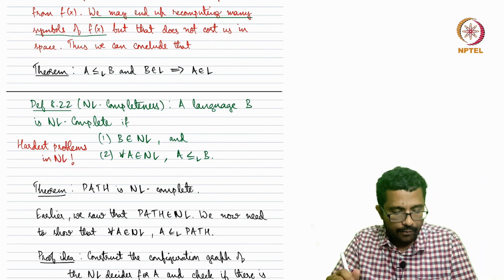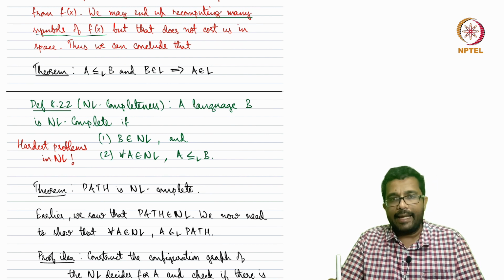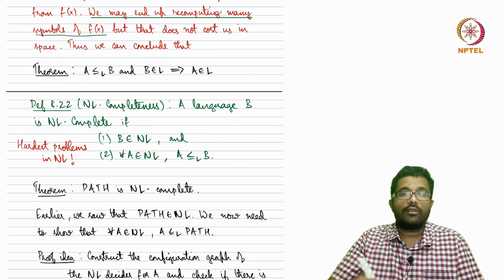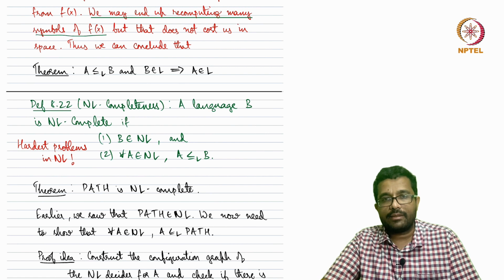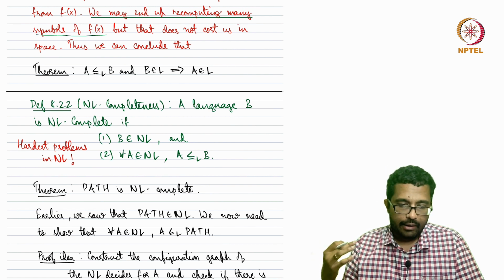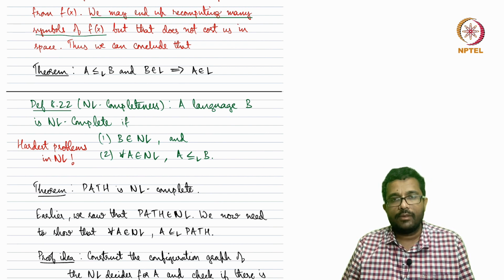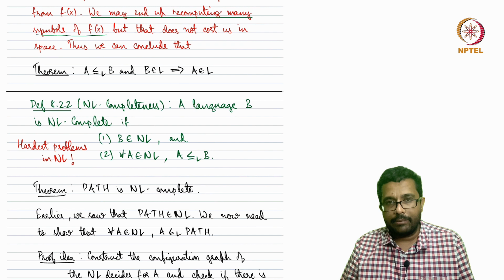Because if any of these problems we can solve in logarithmic space, then we can solve the entire NL in logarithmic space. Just like we said that if we have a polynomial time algorithm for any NP complete problem, we can show that P is equal to NP.